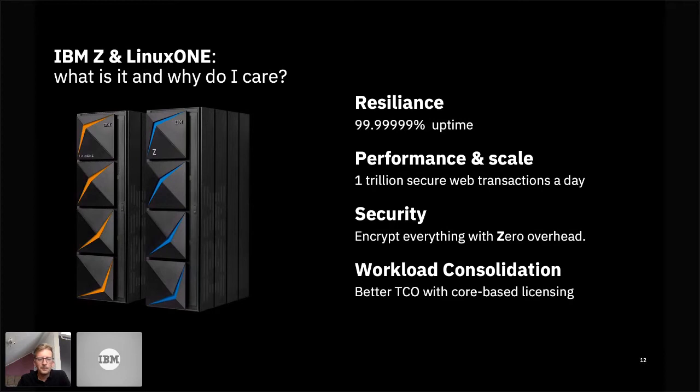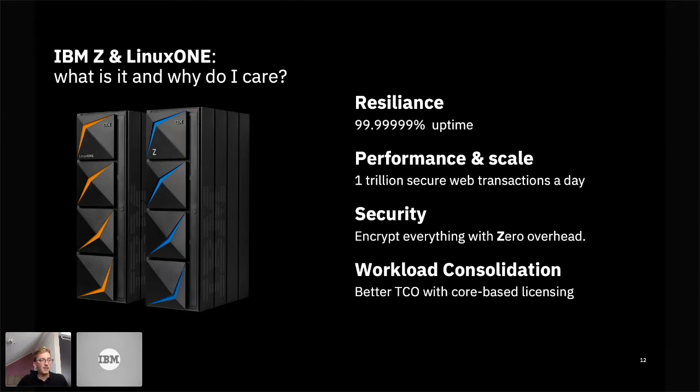And the final point is workload consolidation. Because of its bigger chips and bigger cores, compared to traditional x86-based systems, the Z machine runs on a core with 5.2 gigahertz. It has much bigger caches on the chip.